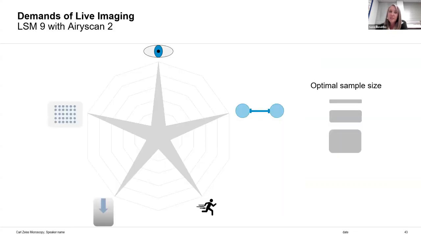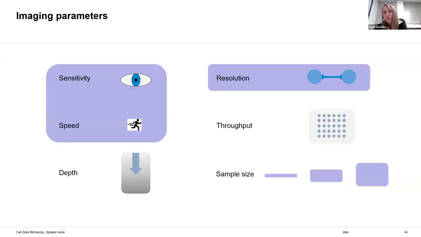To summarize, the Airyscan detector is practically enhancing the capacity of the confocal by increasing its sensitivity and resolution. But if you look at this graph, this comes at the expense of imaging speed. So what happens if you now want to have that speed?